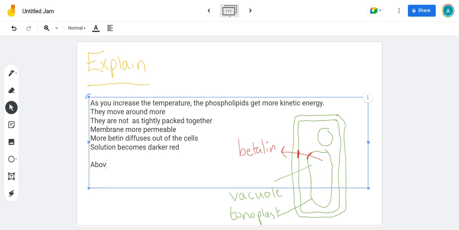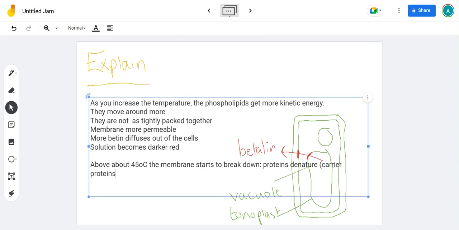Okay, so above about 45 degrees C, the membrane starts to break down. We could include things like proteins denature, so channels or carrier proteins can't control what passes through.